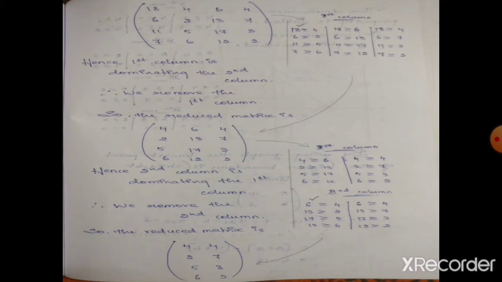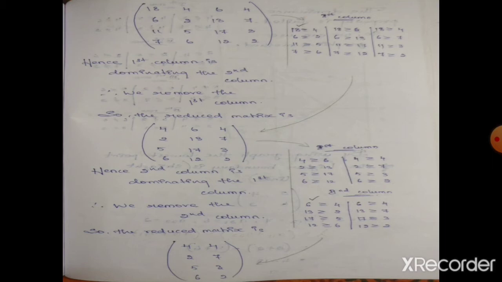So first column elements are 18, 6, 11, 7. Here there are the remaining 3 columns. So we have to put 3 columns. 18, 6, 11, 7 will be on the left hand side. So column wise we have to put the greater than or equal to symbol. Now we have to write the 3 column elements: 4, 2, 5, 6; 6, 13, 17, 12; 4, 7, 3, 2.